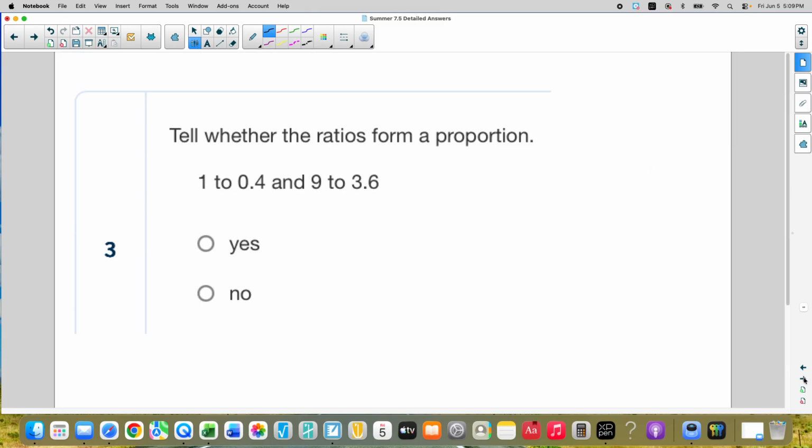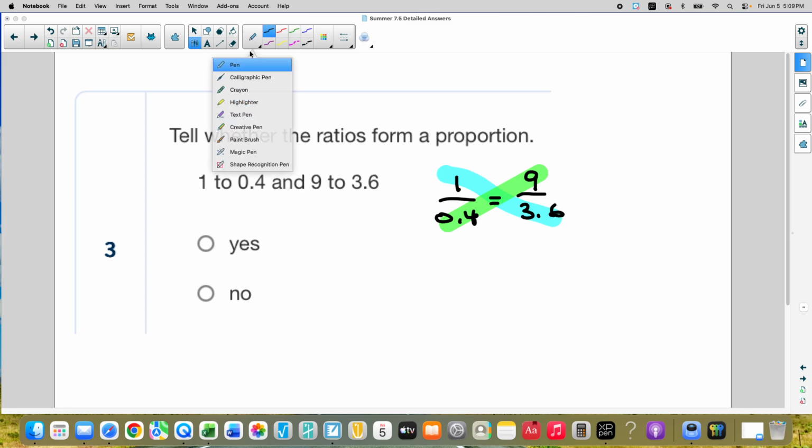Okay, good. Tell whether the ratios form a proportion. So we write 0.1 over 0.4 should be equal to 9 over 3.6. And this is definitely where we use cross product, because the product of the numbers across should always be equal.